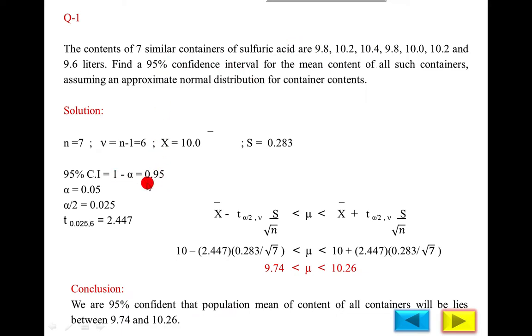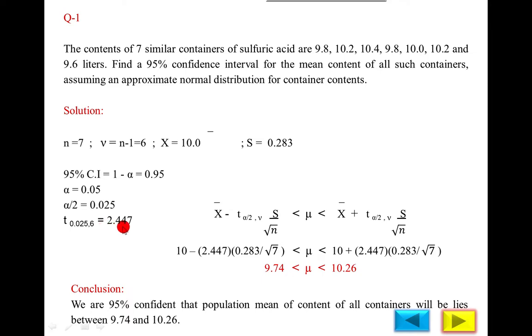So alpha will be equal to 0.05. Dividing by 2, we obtain alpha upon 2 as 0.025, and with 0.025 and degree of freedom 6, you will obtain the table value from the t table.